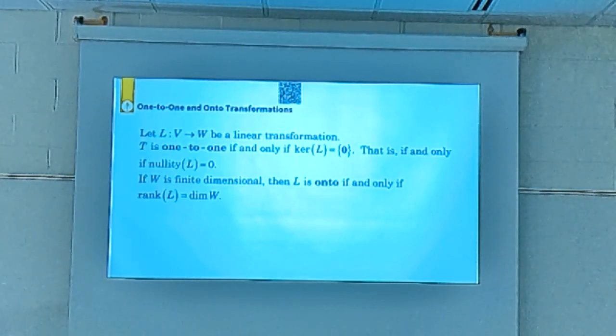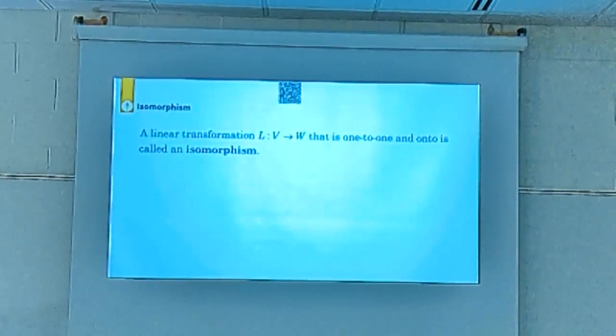Bijective transformations are pretty important. A transformation that is both 1-to-1 and onto is called an isomorphism.